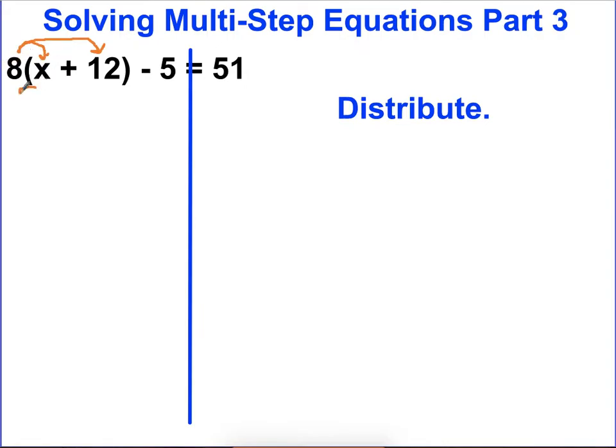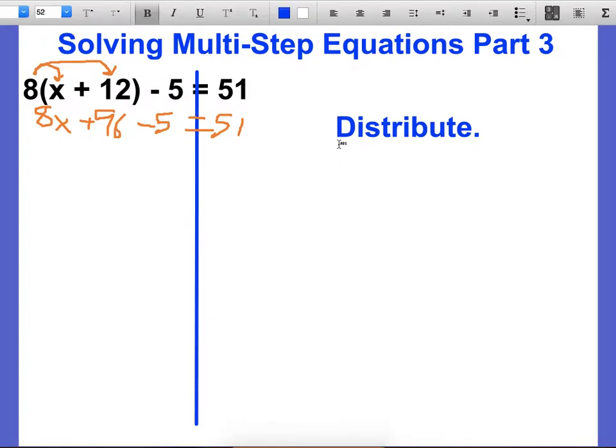Okay, 8 times x is 8x. So these are all skills that we know from before, but now we're putting them all together. 8 times 12 is 96. Then I have this minus 5 here. Still have an equal sign, and we have 51. All right, combine like terms would be next, right? Because on the left side there, I have that 96 and that minus 5.